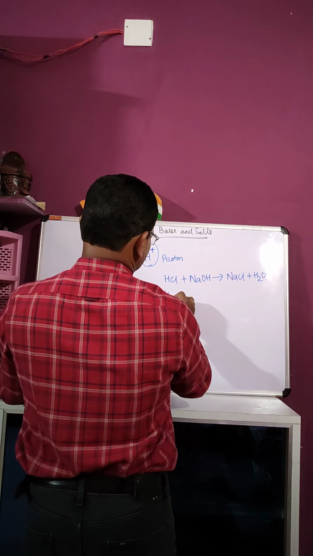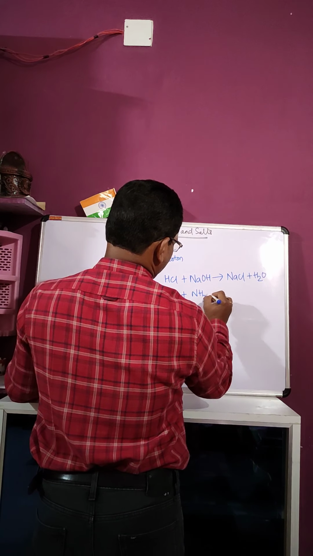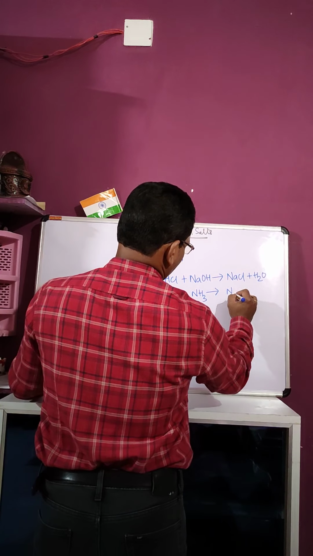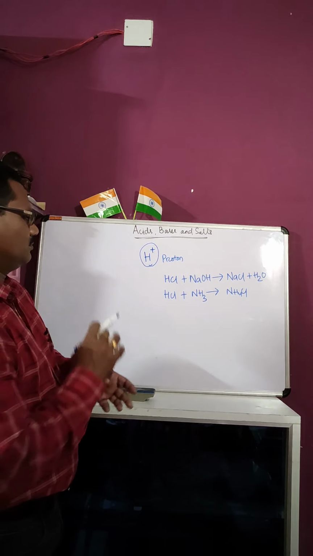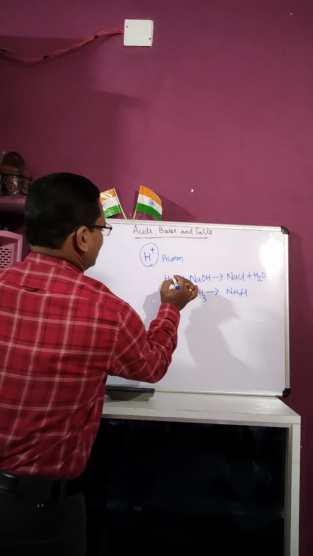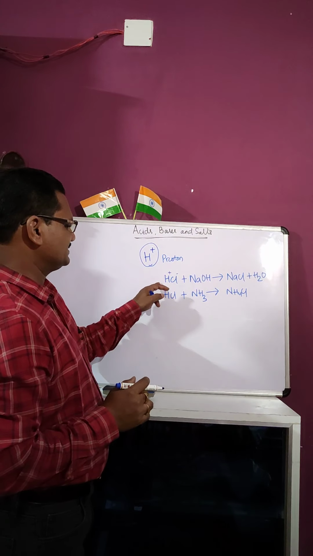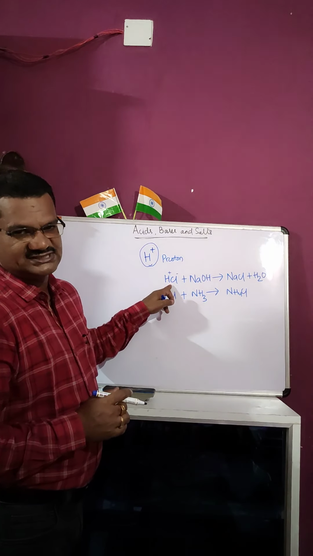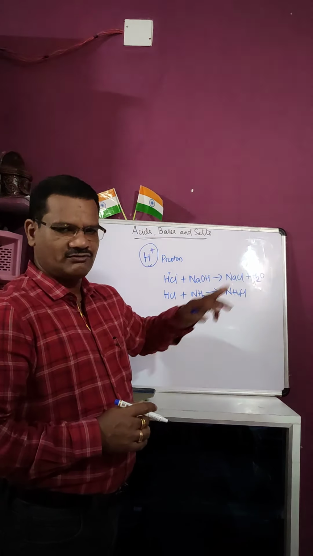Similarly, HCl plus NH3 gives NH4Cl. Now, see, HCl has H plus and Cl minus. Since it has an H plus, this is an acid. It reacts with a base, gives salt and water.